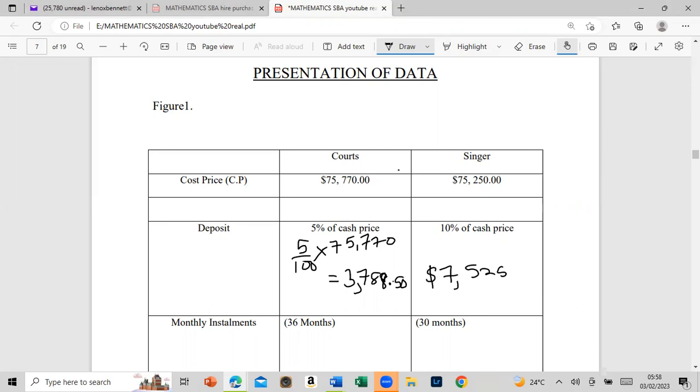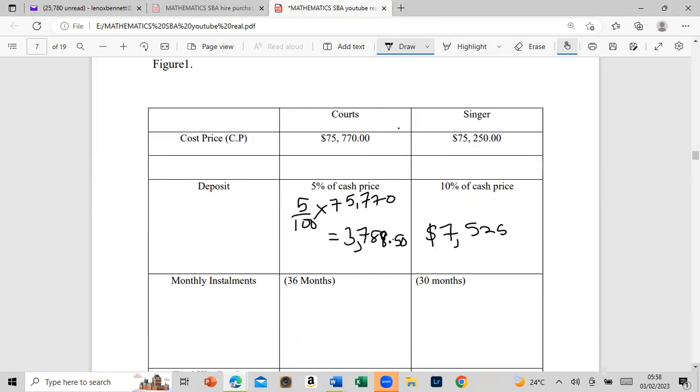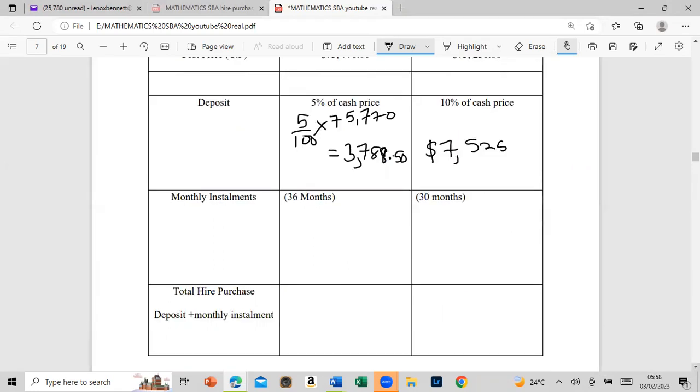All right. So we need to know the monthly installments. So the monthly installment is what you're going to be paying every month. All right.